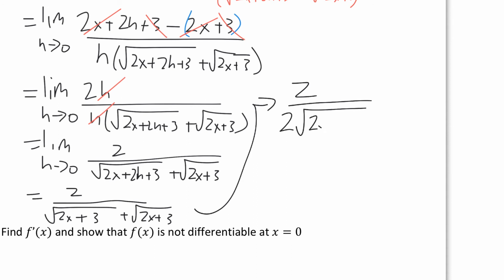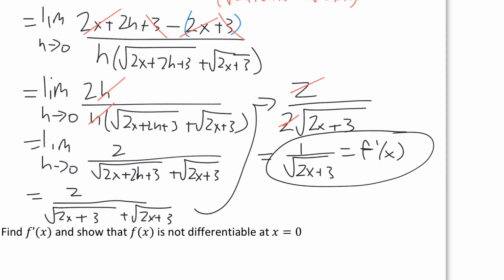So we have 2x plus 3 under the root. We can cancel out those 2's and give us just 1 over root 2x plus 3. And this is our f prime of x. There we go. We found the derivative.